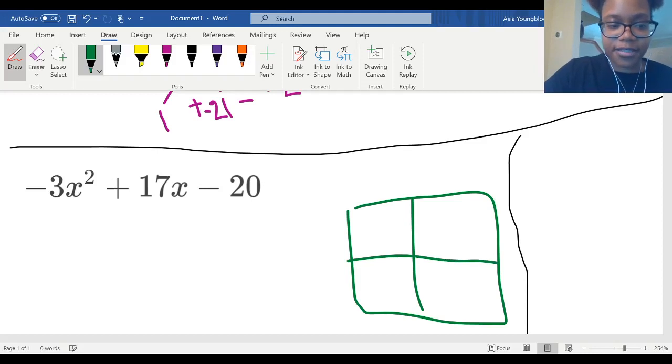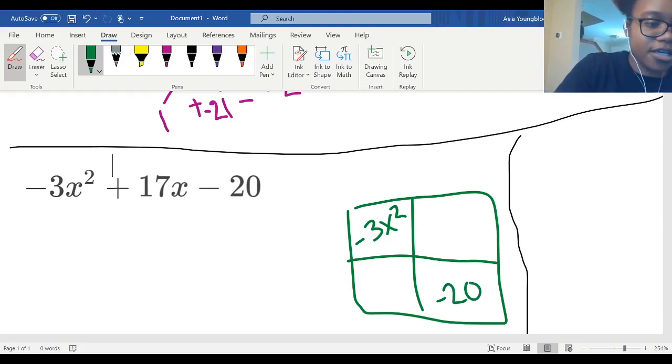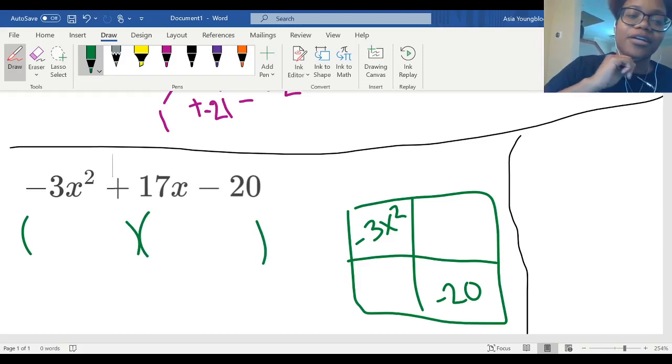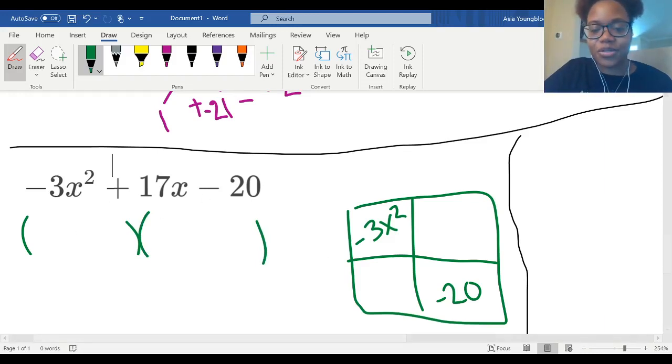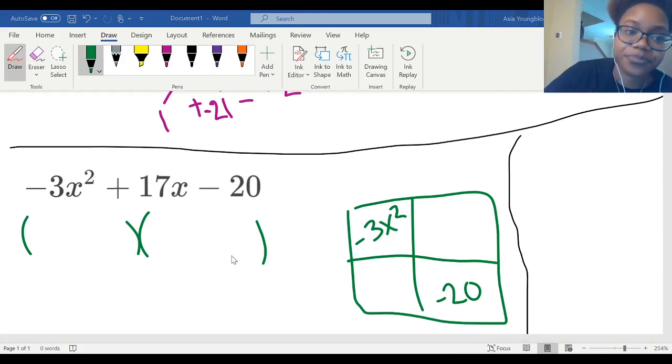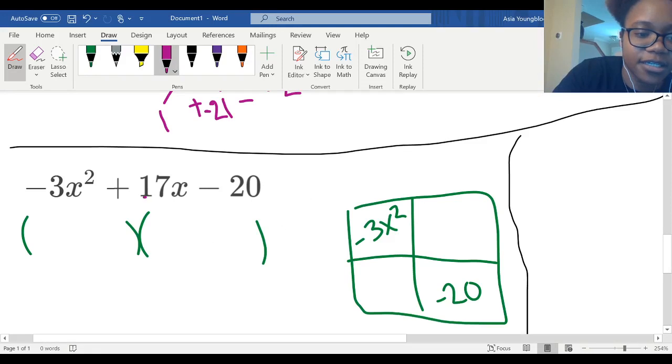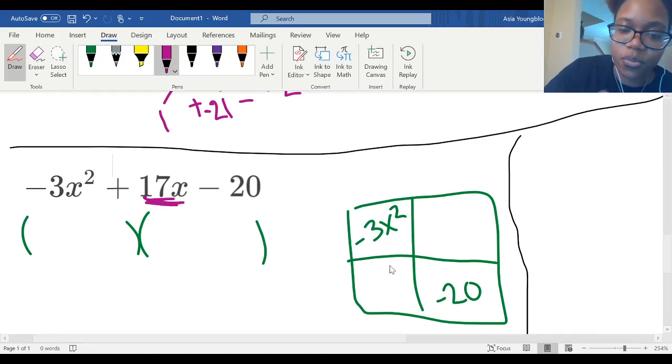In the upper left box, we're going to have negative 3x squared. Bottom right, negative 20. Again, we're looking for two numbers that will multiply. Oh, I'm sorry, we're trying to figure out what two binomials will get us negative 3x squared plus 17x minus 20 when they are multiplied together. We need to split this 17x between these two boxes while ensuring the diagonals are still equal.